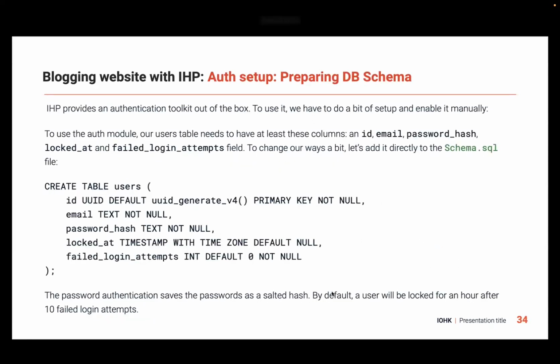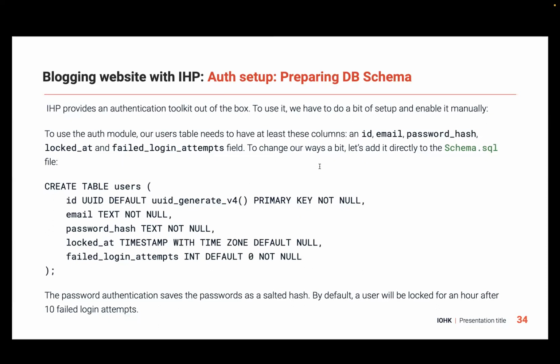With authorization, we have to again prepare the database schema. In this case, we want to create the users schema that has an ID, an email, a password hash, where this hash is created using a super easy to use function that comes with the framework, and failed login attempts.